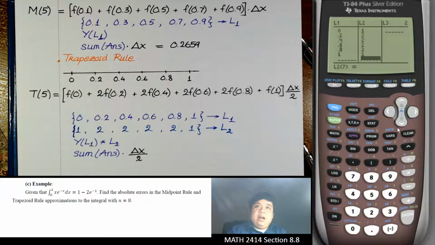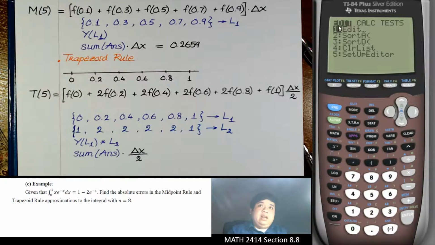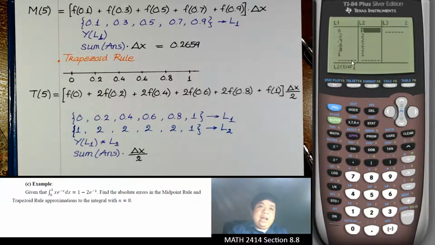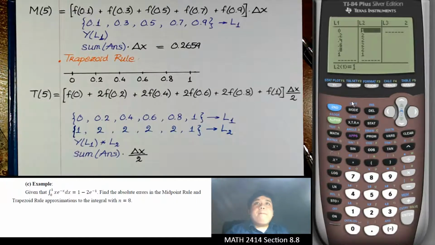Just hit the stat button, no second, just stat, hit enter, and then we can enter the numbers here on the list, list 1, list 2. Same thing as store into a list like this.